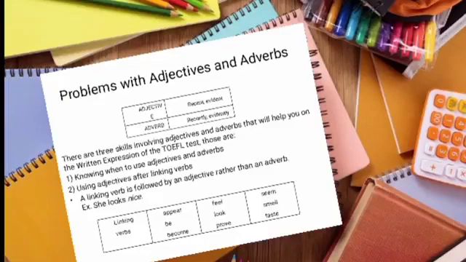The second is using adjectives after linking verbs. Do you know linking verbs? I'm sure you know. A linking verb is followed by an adjective rather than an adverb. For example, she looks nice. Looks here is a linking verb, and nice is an adjective.